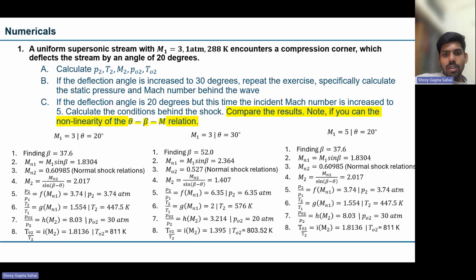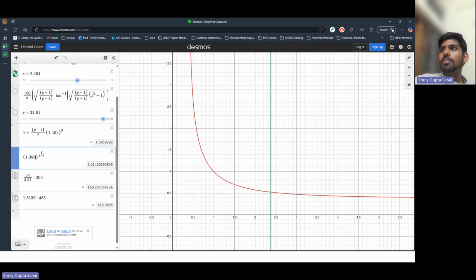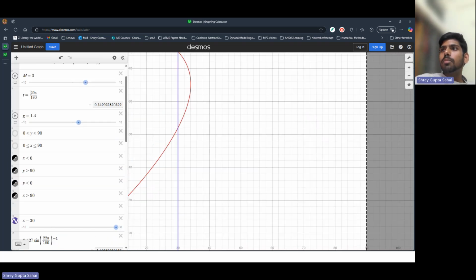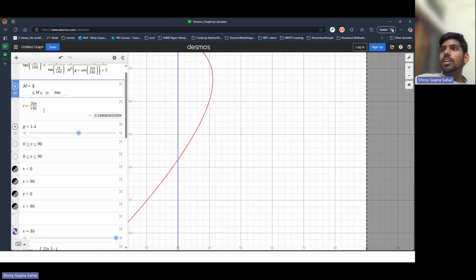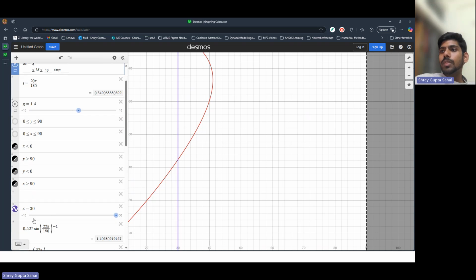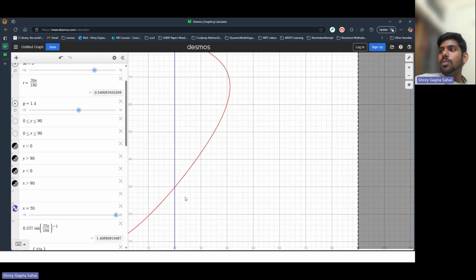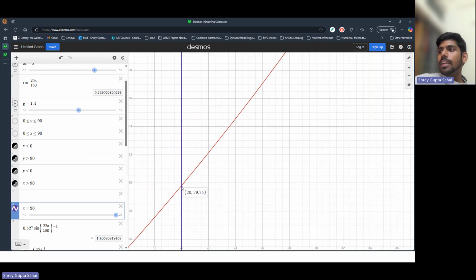Let's go back to the graph. I'll put Mach number as 5 and theta back at 20. Let's see what beta value we get. The beta value we get is 29.77, so let me put it as 29.8.